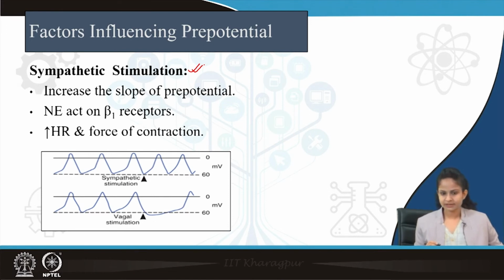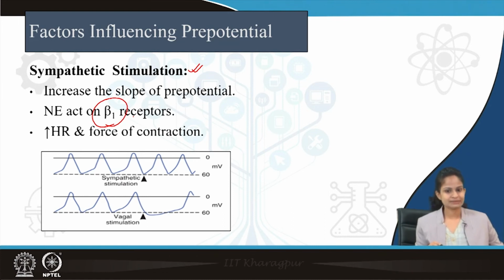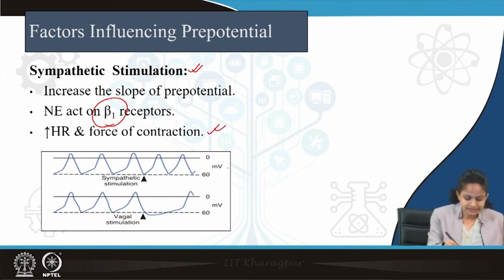In whichever way it occurs, norepinephrine or a beta agonist acts on the beta 1 receptors. There are various types of adrenergic receptors. Specifically, beta 1 receptors are present primarily on the heart, and they are mainly responsible for cardiac activity. Whenever these beta 1 receptors act, there is an increase in the heart rate as well as the force of conduction.